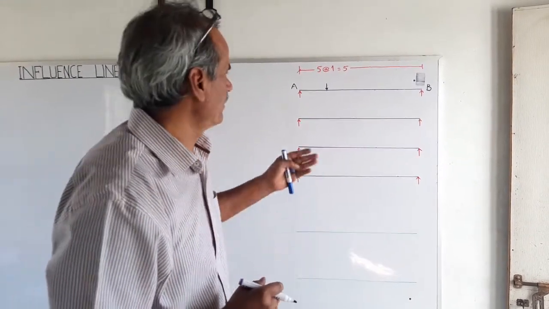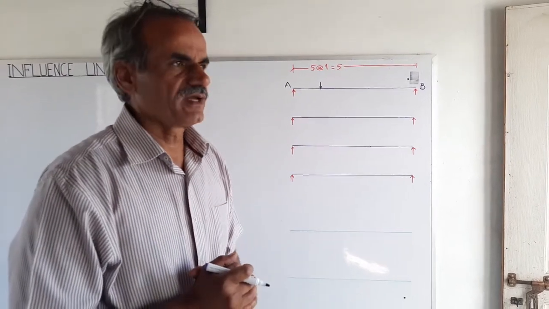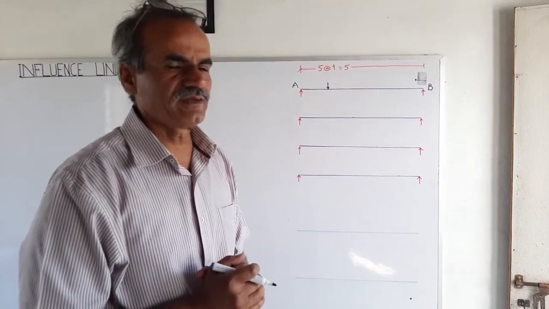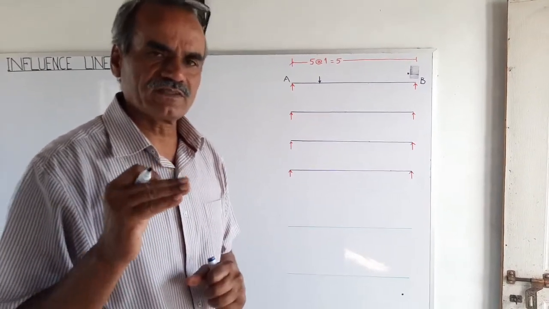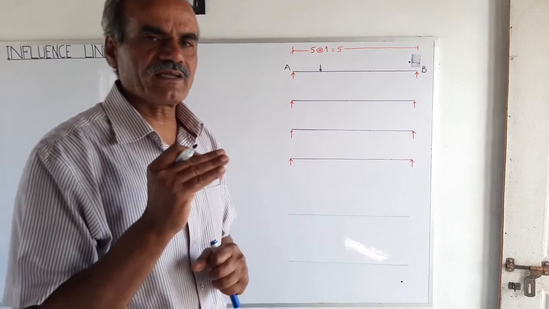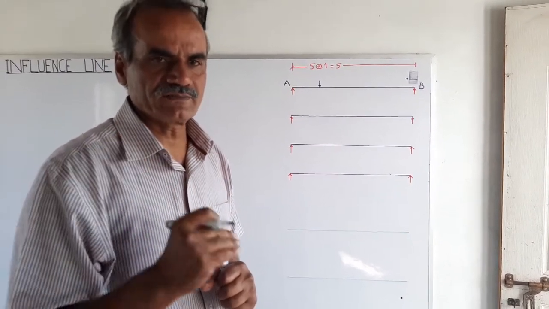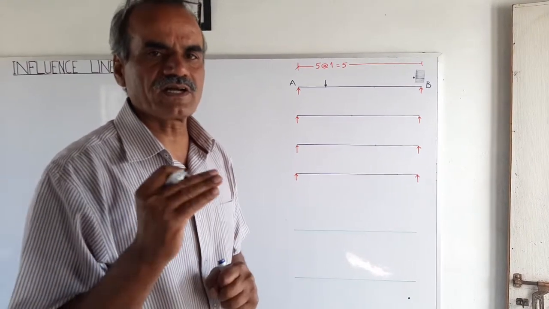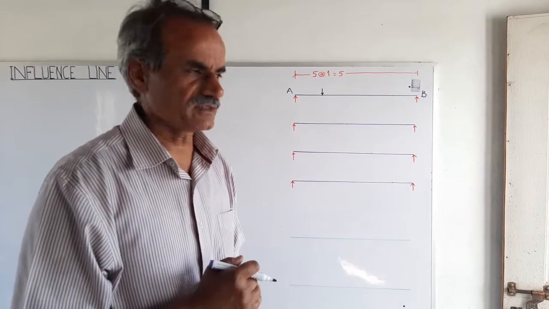Say it is a 5 meter span beam, and I have decided that I will calculate the values of the reactions with the load at every 1 meter interval, and then draw the influence line for those reactions.